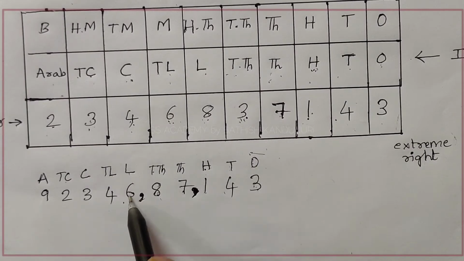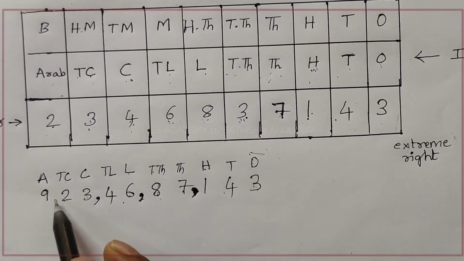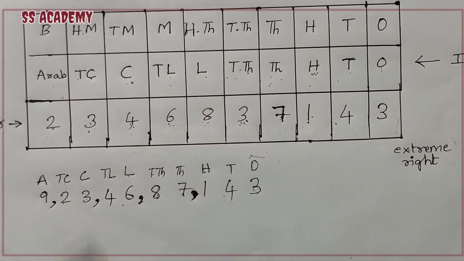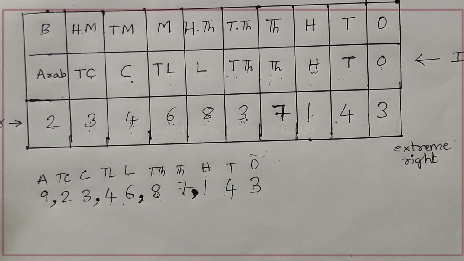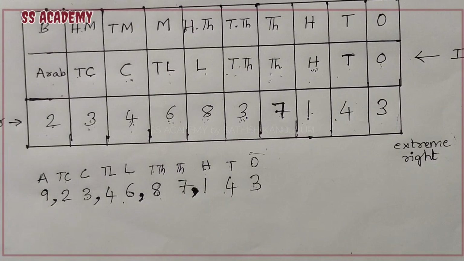Again 2 digits, 1, 2, put comma, 1, 2, put comma. At first you give a comma after 3 digits. Later on you give a separator after every 2 digits. This is the second step: writing separators.